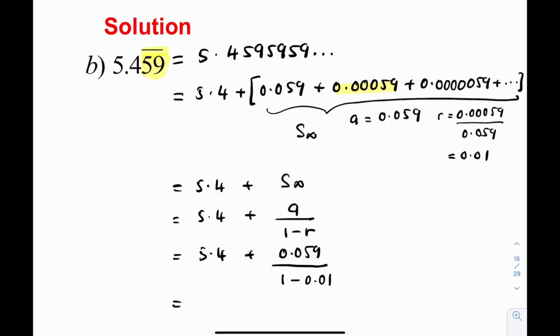And then by using your calculator, you will get 1081 over 198.